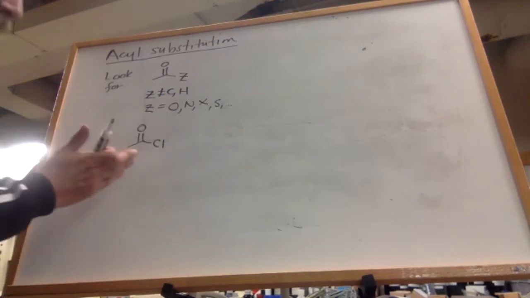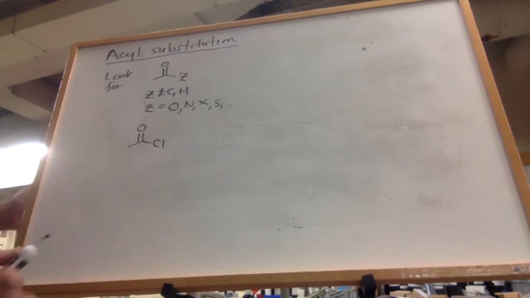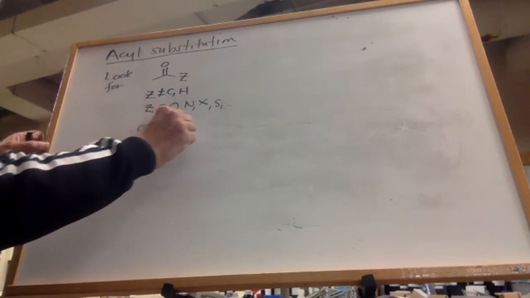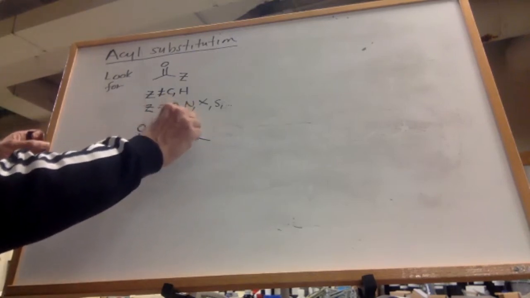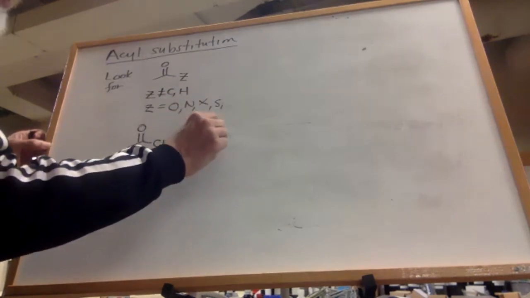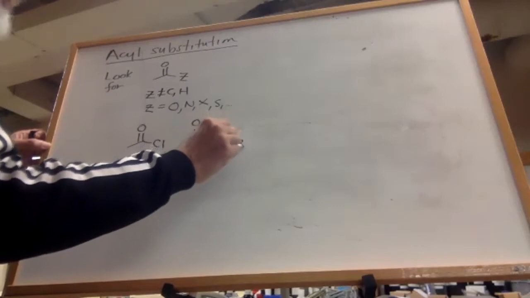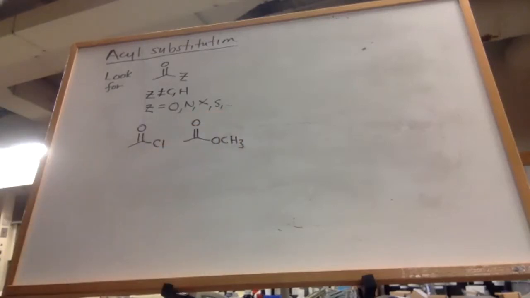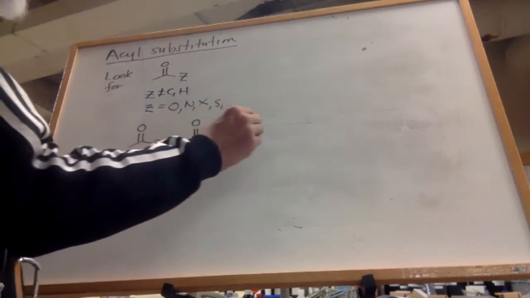This is a kind of molecule that undergoes acyl substitution. More concrete examples: maybe there's a carbonyl carbon bonded to oxygen. That's an ester. That's another kind of molecule that can undergo acyl substitution.